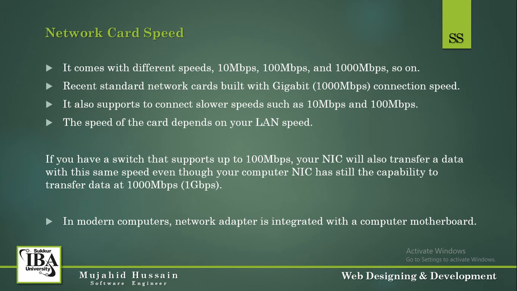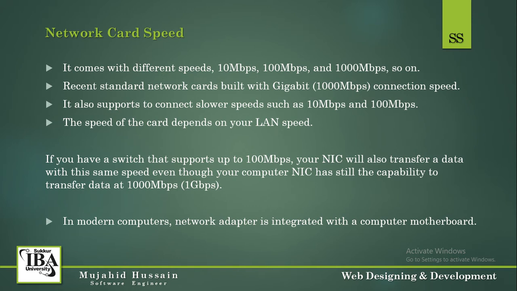The speed of the card depends on your LAN speed. If you have a local area network with, say, 2 MB, 4 MB, or 6 MB speed, that will be your total connection speed, and it will be shared through the network card, so that will also be the network card speed.